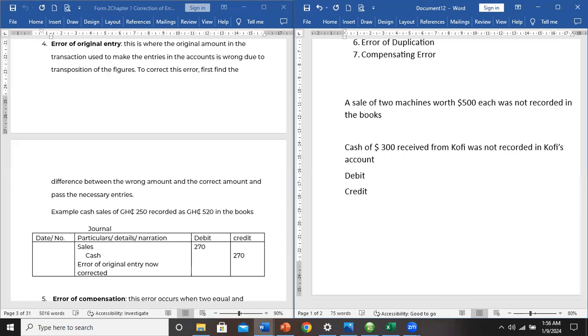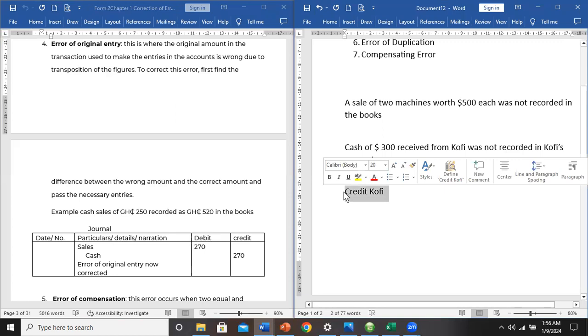So in this case, cash received from Kofi, we would have debited cash and credited Kofi. Now, the error says that this transaction was not recorded in Kofi's account. So it means that the bookkeeper didn't do the credit, meaning he did the debit, he debited the cash.